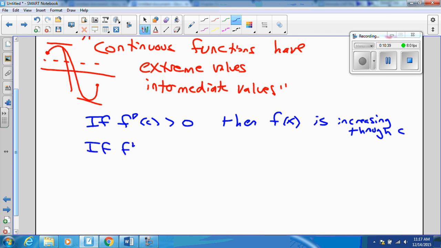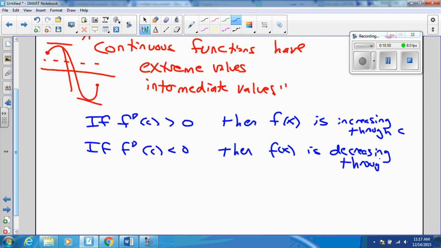Points to the right lie above. And if f prime is negative, then f of x is decreasing through c.